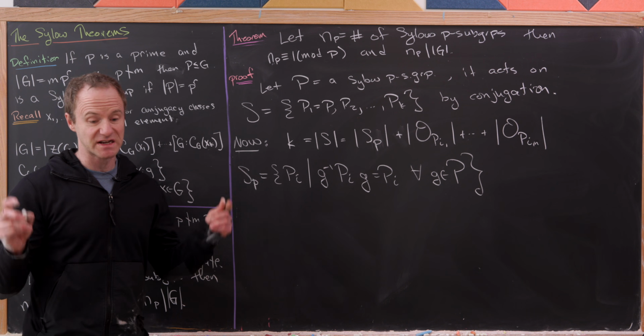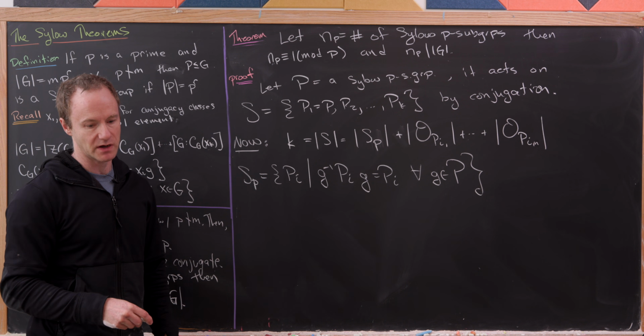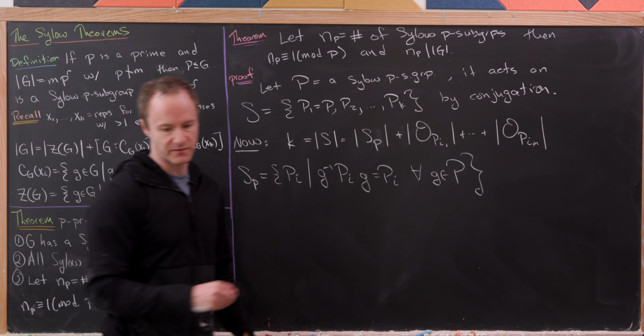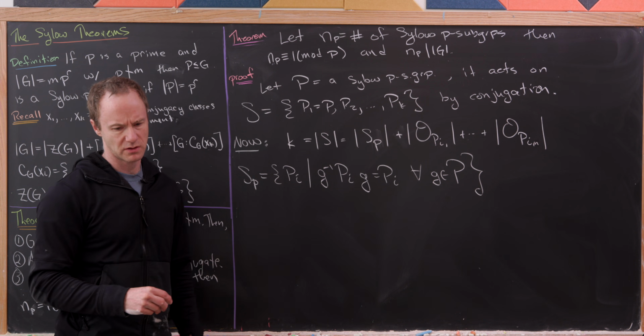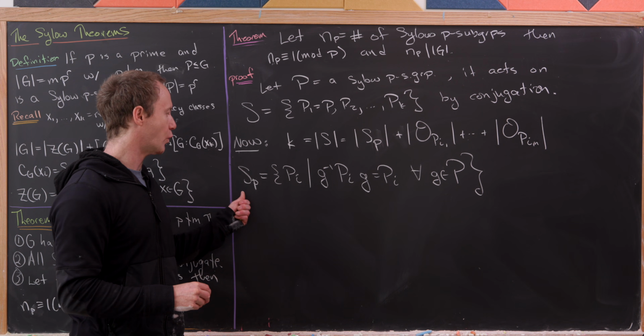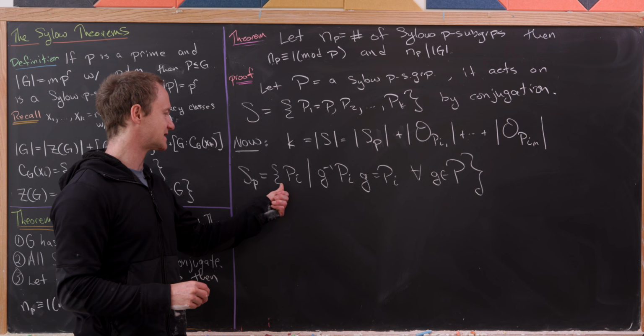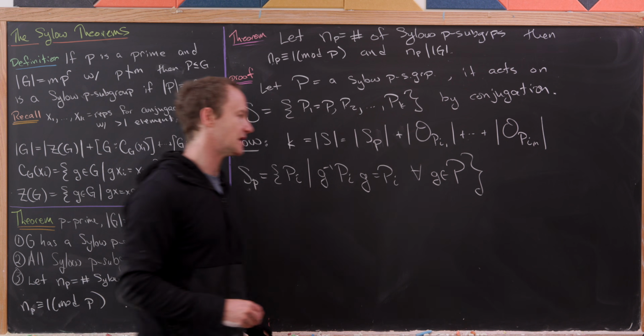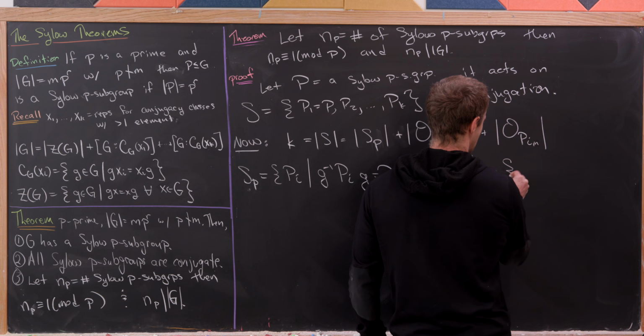These are the fixed points of that action, if you will. But then we know that there's only one subgroup that's fixed by the conjugation action by P, and that is P itself.